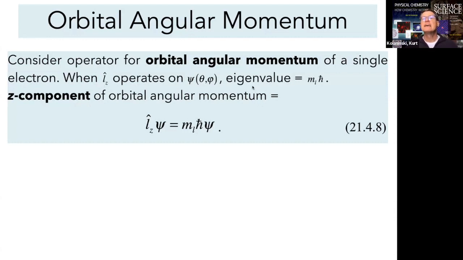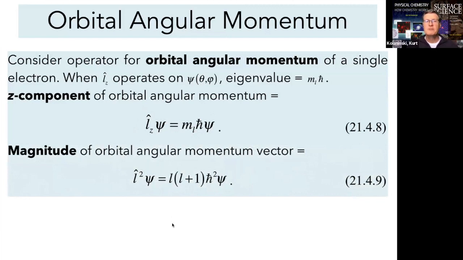And in this case, the eigenvalue we're going to call m sub L. The natural units of angular momentum are h bar, right? There's always going to be a magnitude and a z component that we're going to specify, right? So if we're looking at the z component of orbital angular momentum operating on some wave function that denotes, for instance, an orbital, then what we'll get is m sub L h bar times that original wave function.